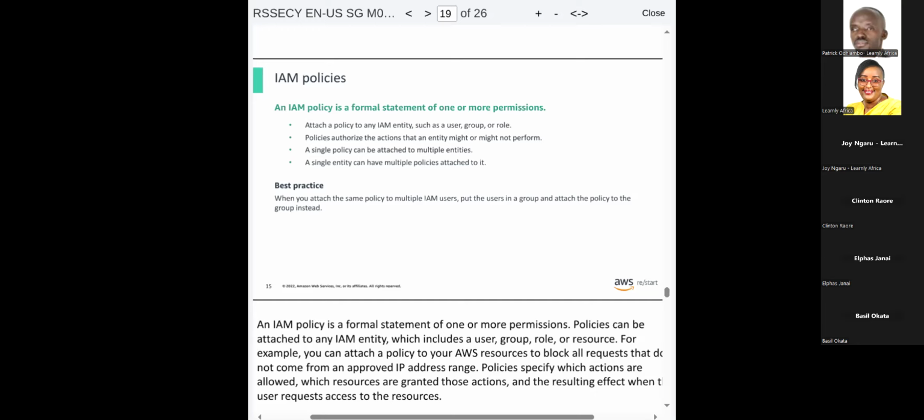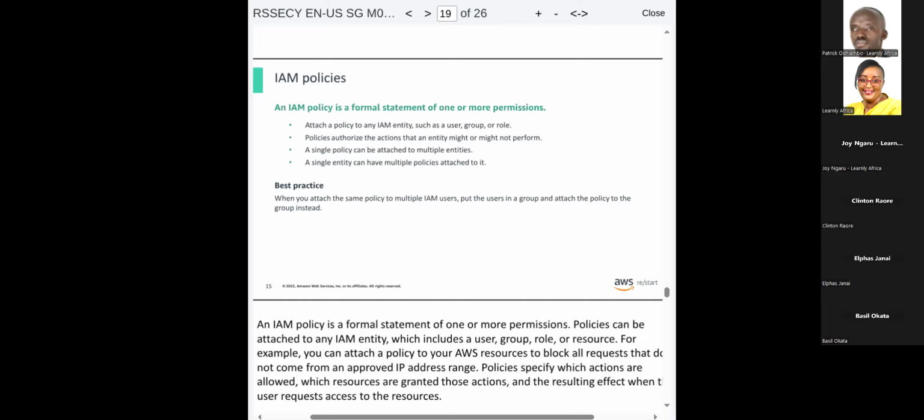What are some of the best practices when it comes to IAM policy? Number one, apply the principle of least privilege. Use explicit deny to block sensitive actions or override broad permissions. Regularly audit your policies.